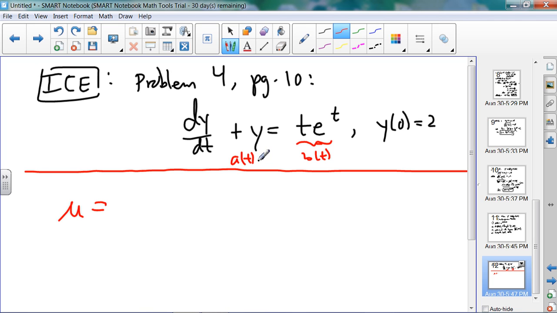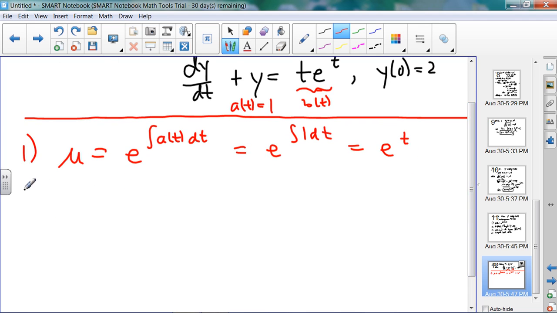Since we're going to need to identify it anyway, let's identify our a of t. So that's always what's multiplying y. So that's pretty simple. We can plug that into our formula for the multiplier. In this case, it's just integrating 1 dt. So that just gives us e to the t. That sounds good. Now that we have our multiplier, we'll multiply through the entire equation by the integrating factor.